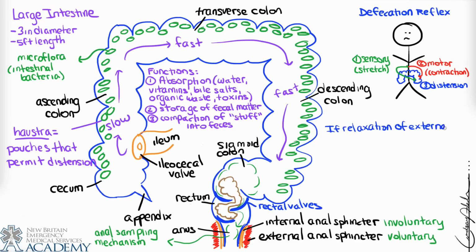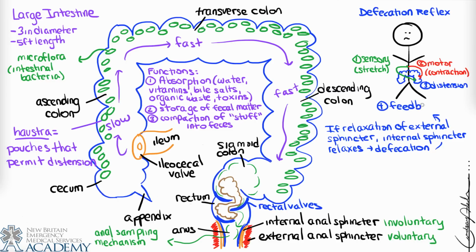So if we relax the external anal sphincter, which is under voluntary control, then the internal anal sphincter will follow suit and it will relax as well. And so this actually triggers the defecation reflex, and this is a positive feedback response. So as excretion is occurring, we'll have increased stretch, increased contraction, increased distension, increased stretch, increased contraction, and so on.